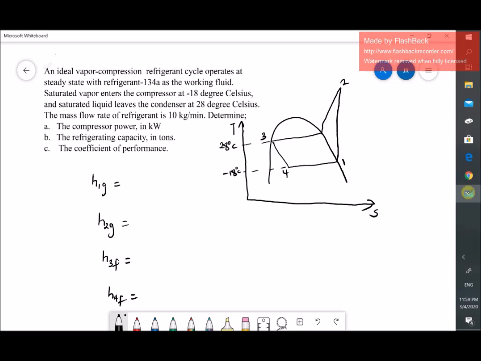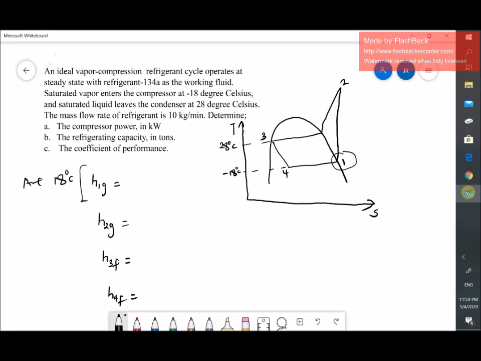All right, now from the question, it says the vapor enters the compressor at negative 18 degrees Celsius. So at negative 18 degrees Celsius, we can find our enthalpy H1.